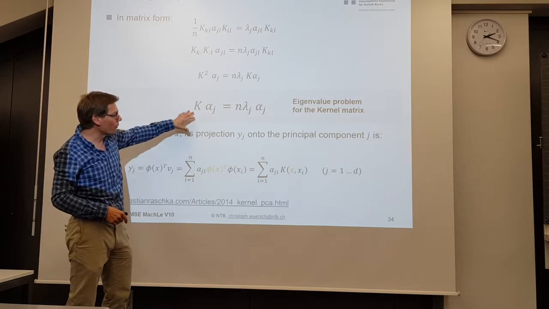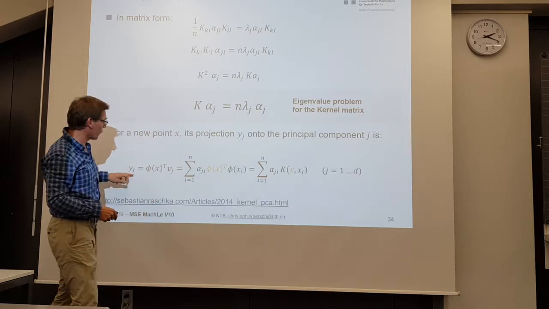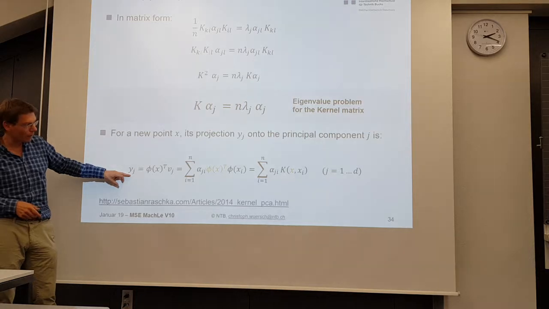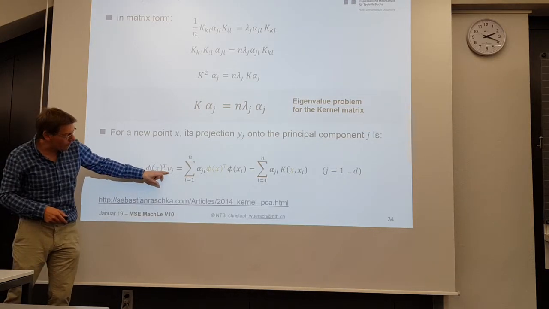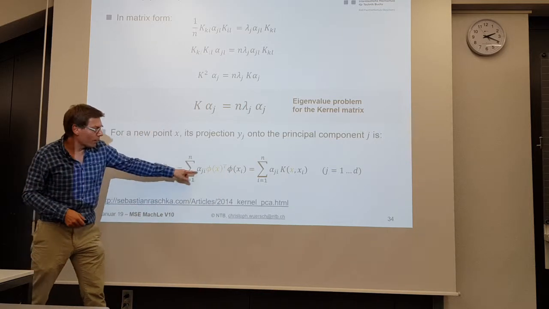It makes the transformation, solves this eigenvalue problem, and then reconstructs, for example, the projected x into this lower dimensional space, because Vj has a representation in this phi space, this alpha j.